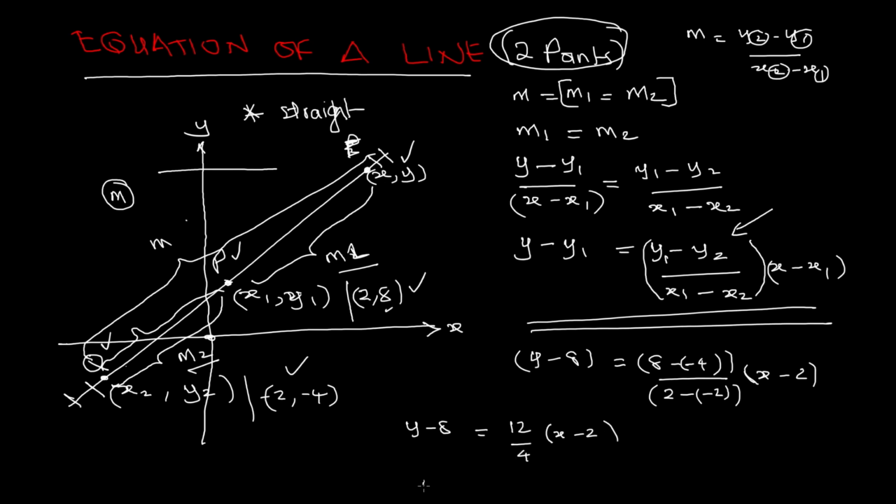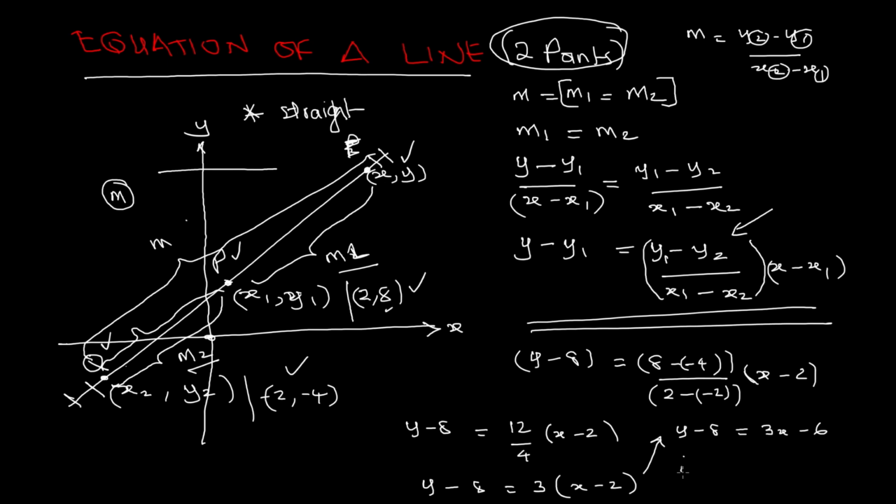We continue. This becomes y minus 8 equal to 3 times x minus 2. Continue it there. This becomes y minus 8, and then this becomes 3x minus 6. We need to be very careful with our signs.